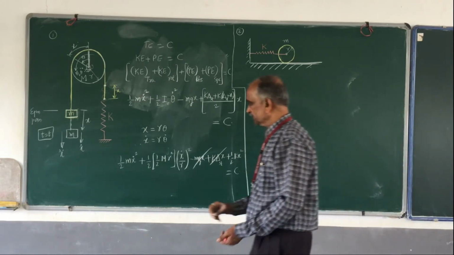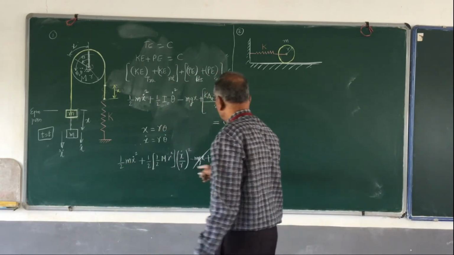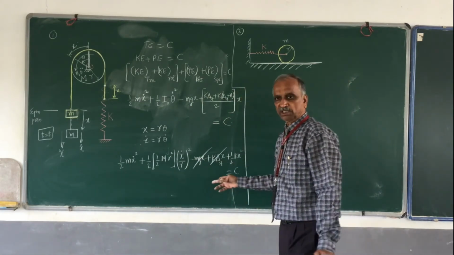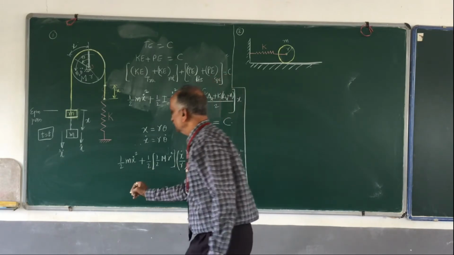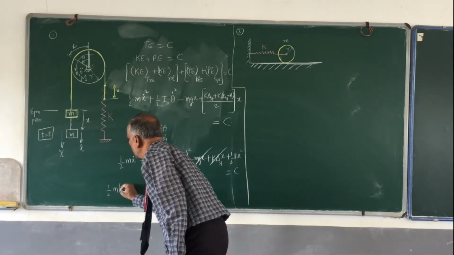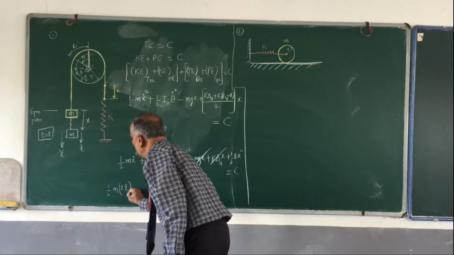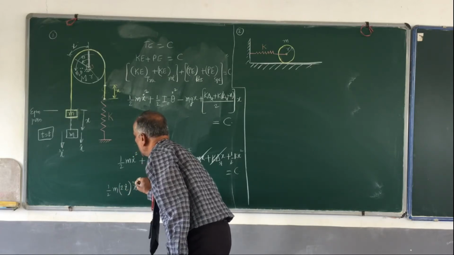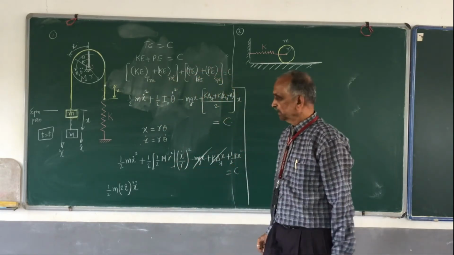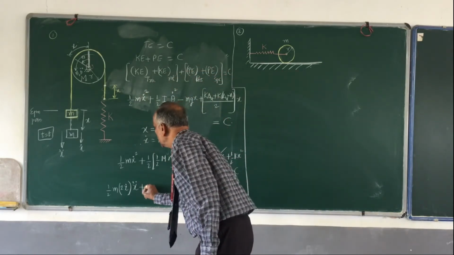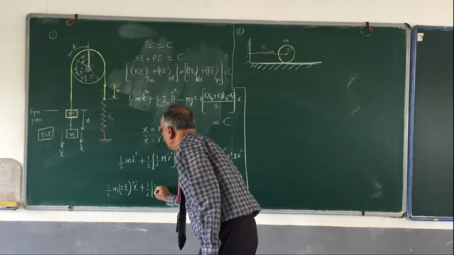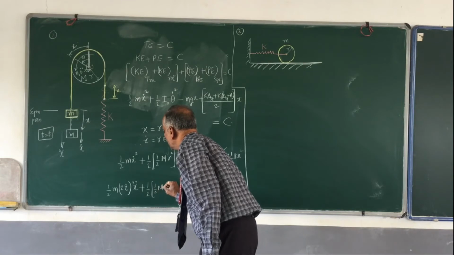Simplify further. Now what I want to do is differentiate this with respect to time. So this is equal to half m into 2x dot into x double dot. I hope you understand what I have done. I am differentiating with respect to time. Then this plus, this half as it is, the next half M r square as it is.